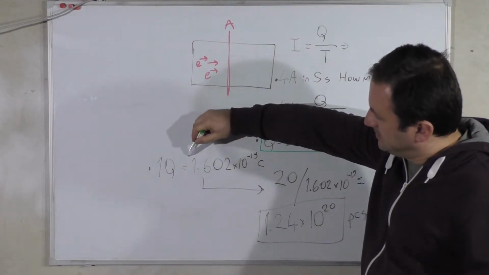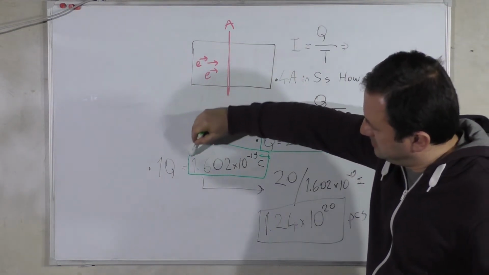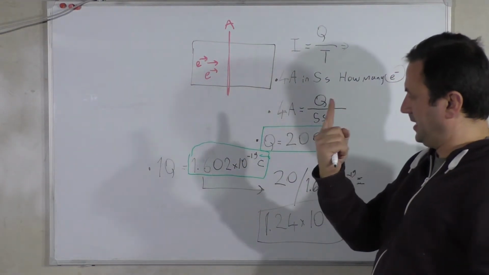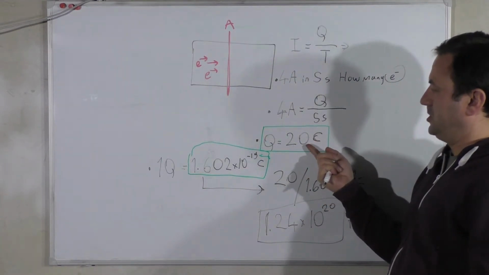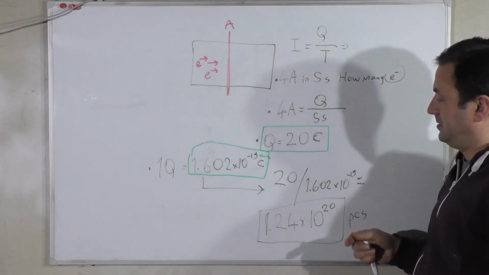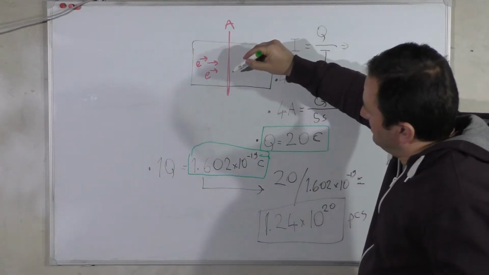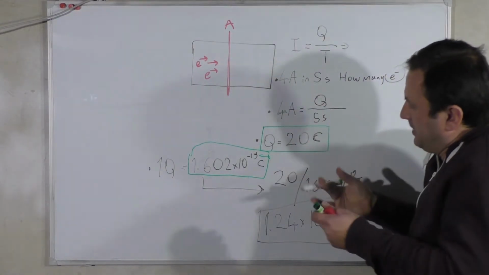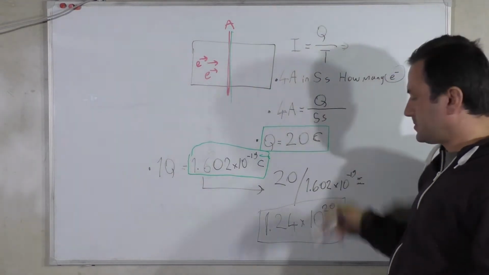One single electron has that charge. If I divide the total charge by this charge, I will find how many electrons pass through that cross section.